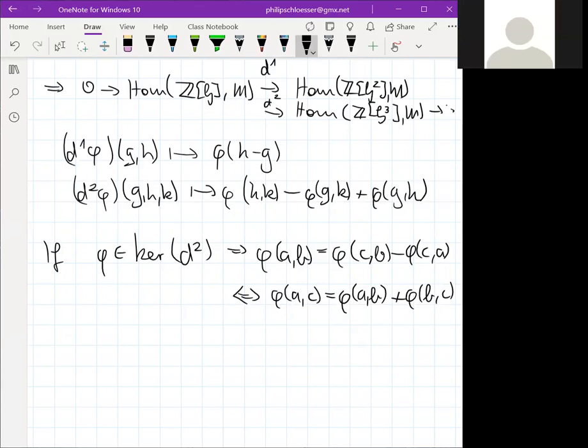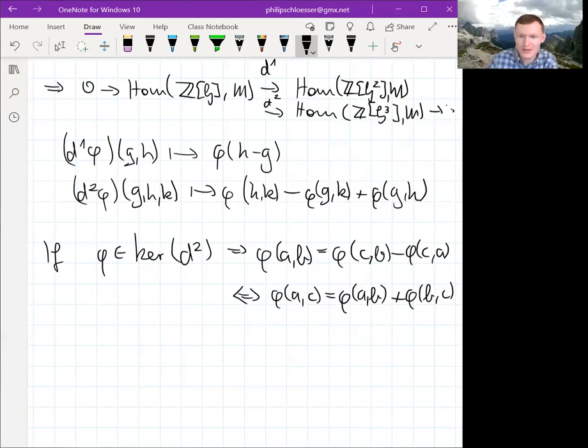Just like the transition functions, you mean? Transition functions, yeah. Okay, I didn't see this coming, but yep.